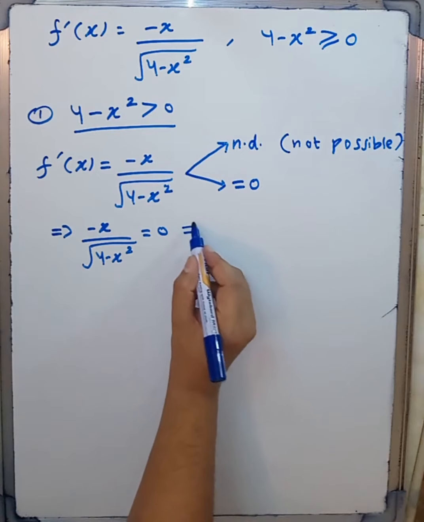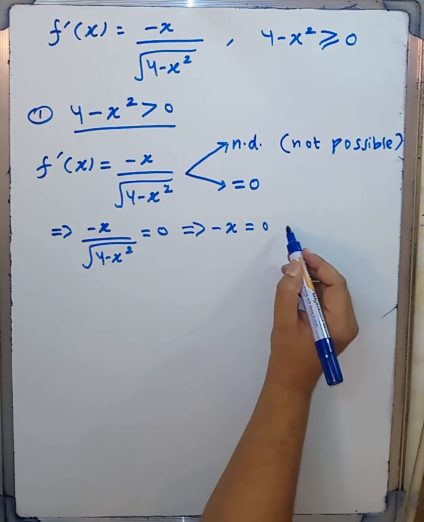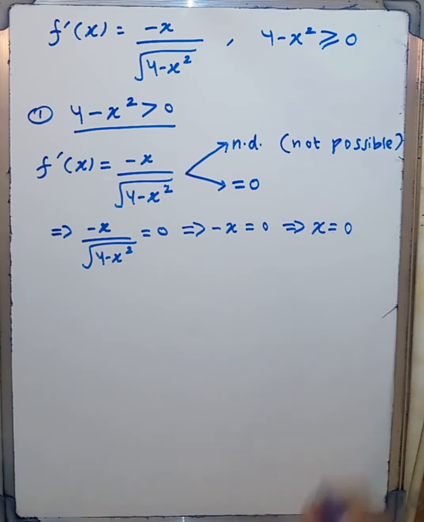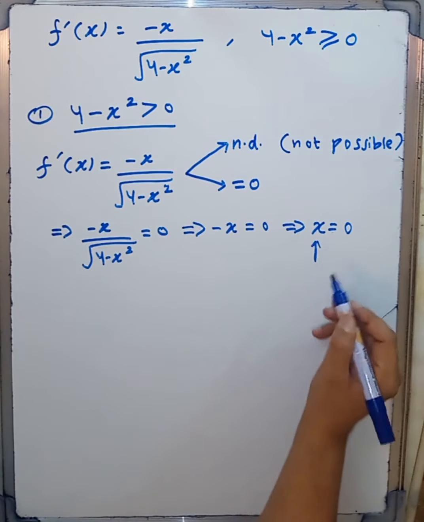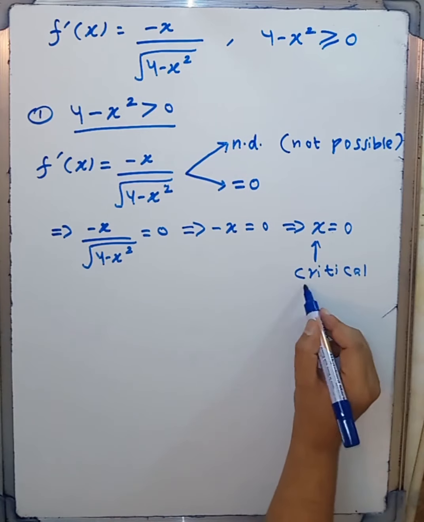So after cross multiplication we will get minus x is equal to 0, and finally we will get x equal to 0. This is our first critical point.